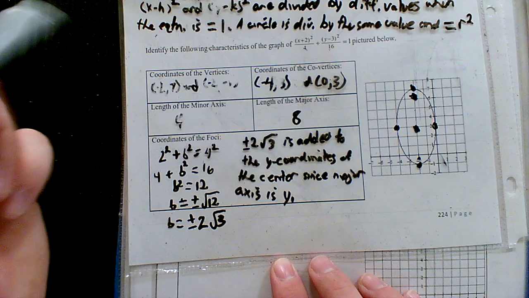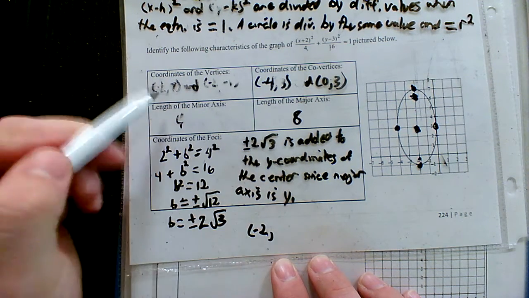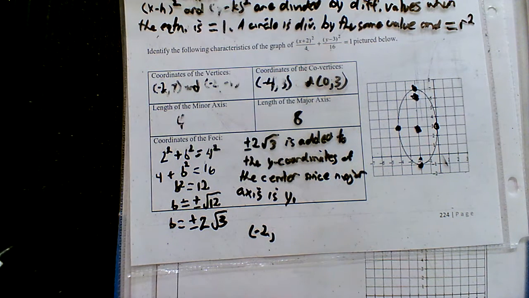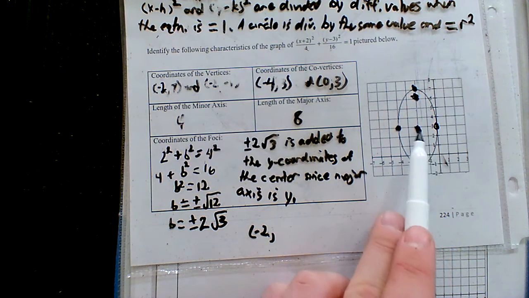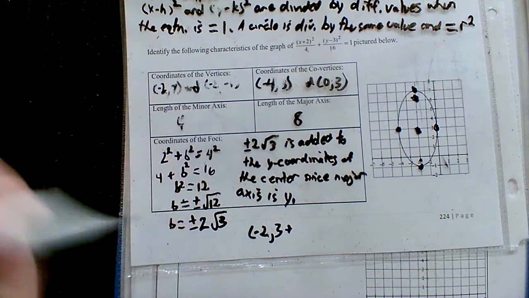So our new points, if we take the point from the center, we had negative 2, comma 3 for the center, this point right here. So we have negative 2, comma 3, but we have to add the new value.